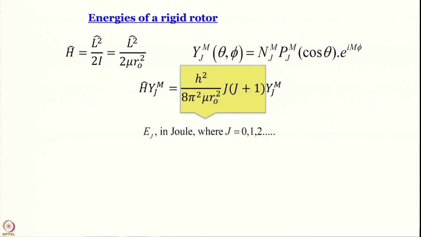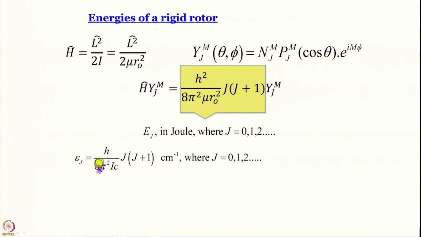So, what do we learn from here? Before going there, this is something that I write essentially because I am a spectroscopist. Generally, spectroscopists do not want to work with joule; they prefer centimeter inverse, especially when talking about rotational spectroscopy.